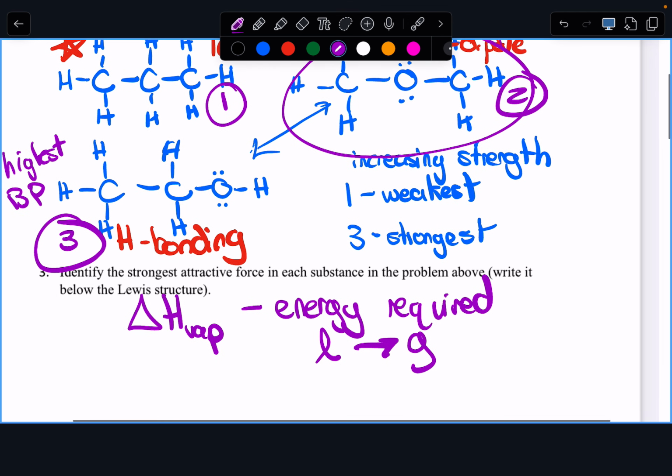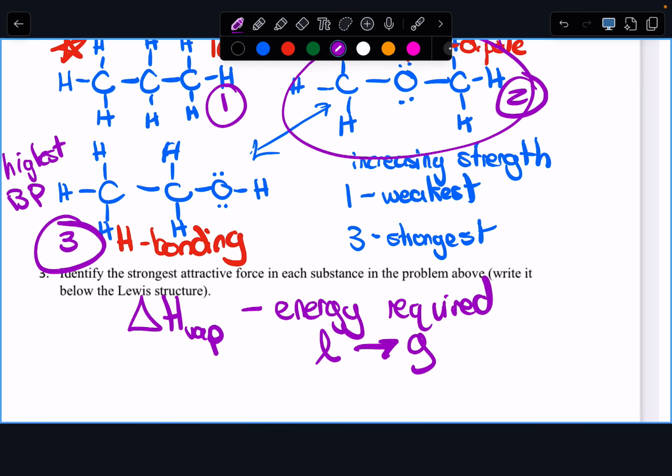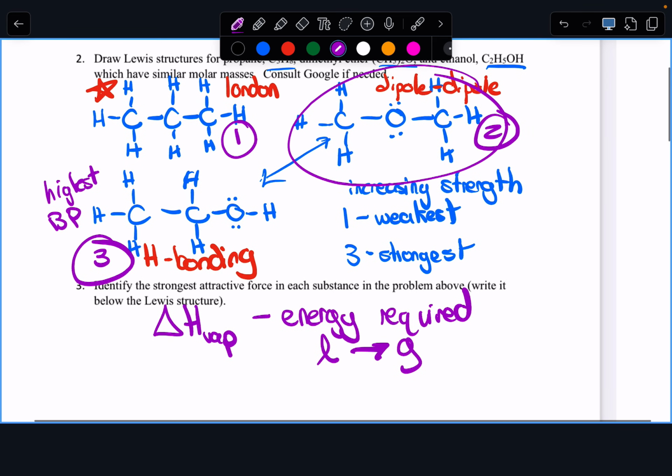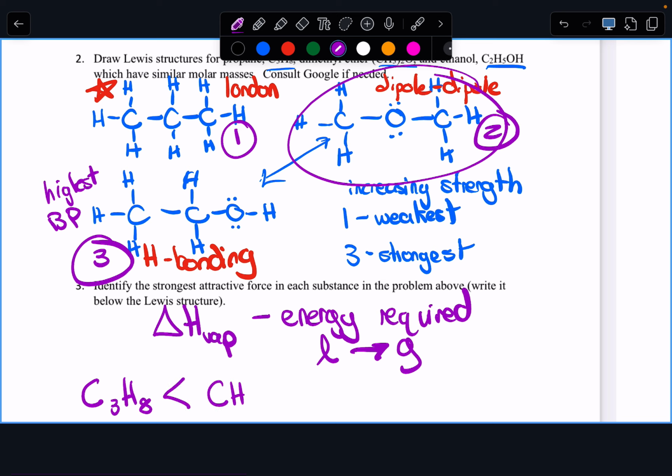That is also going to increase with increasing force. So once you can order them by their intermolecular forces, so like let's just say C3H8 is weaker than CH3OCH3, which is weaker than C2H5OH.